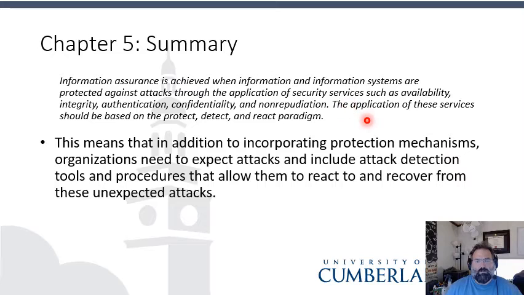We go on and talk about how the application of these services should be based on the protect, detect, and react paradigm. So what this means, in the context of Chapter 5, is that in addition to incorporating protection mechanisms, organizations need to expect attacks and include attack detection tools and procedures that allow them to react and recover from those unexpected attacks. So they may not be totally unexpected, but you won't know when they're coming.